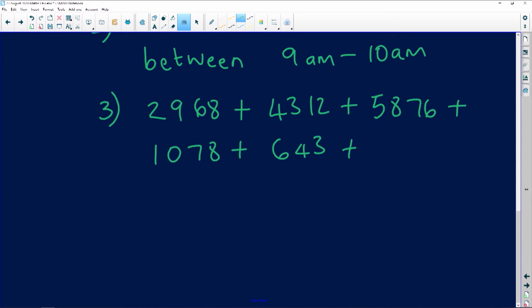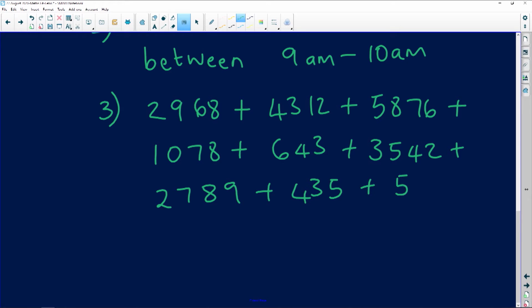Sometimes learners don't want to write all of this down, but this is marks. 3,542, 2,789, 435, 577, 3,654. Do you see? I'm adding all the numbers.